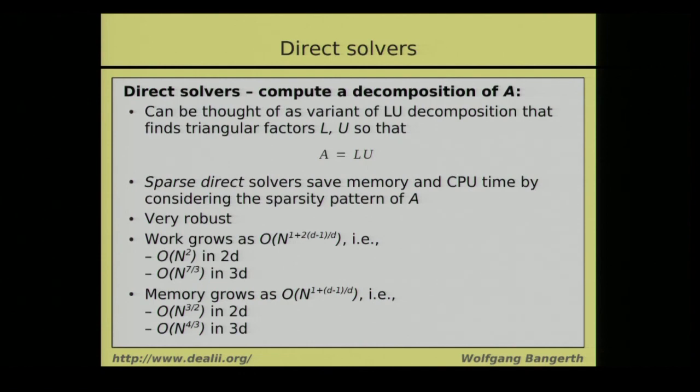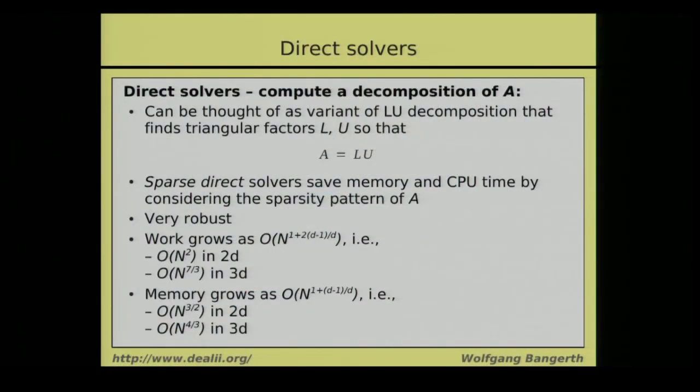But we can do it in such a way that L and U are also not matrices that are completely full. So we can find a compromise where L and U save some of the memory. So let's say only 10% of the matrix actually is occupied, whereas the remaining 90% is empty, it's just zeros. So sparse direct solvers use the sparsity of this matrix A to come up with factors L and U that are easier to compute and easier to store.